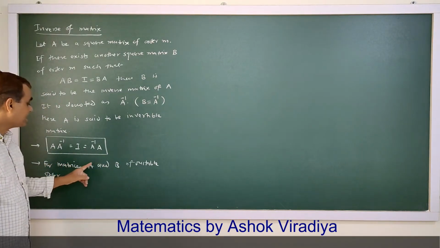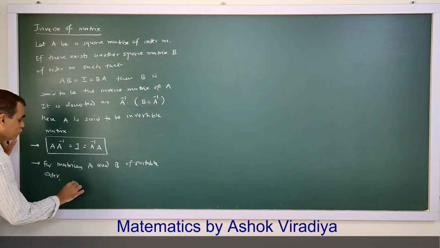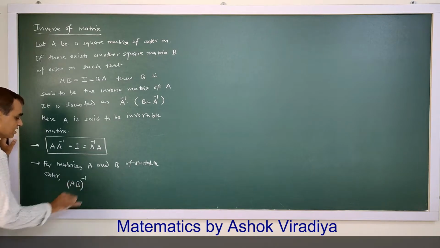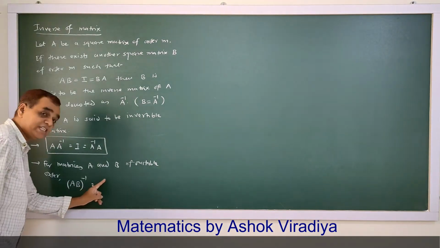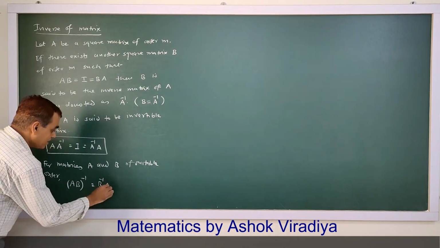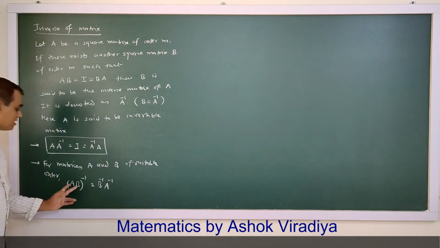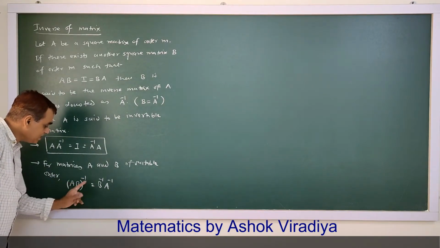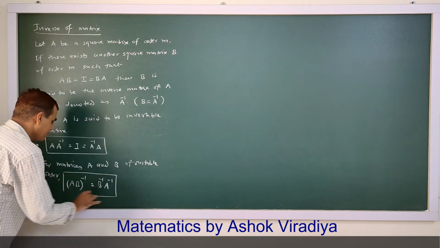For square matrices A and B of suitable order, inverse of AB is equal to not A inverse into B inverse, this is equal to B inverse into A inverse. So remember this result.